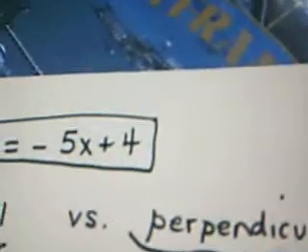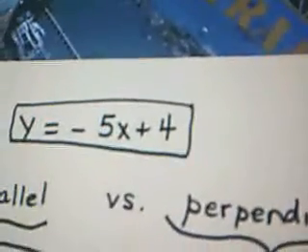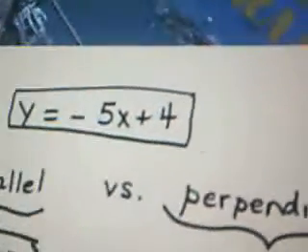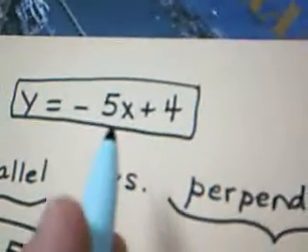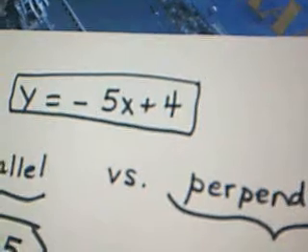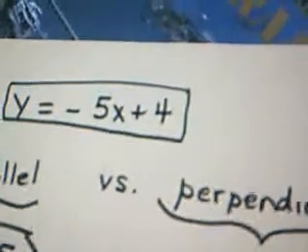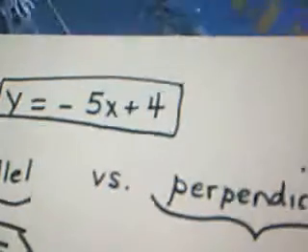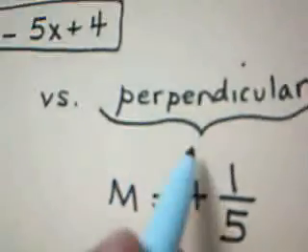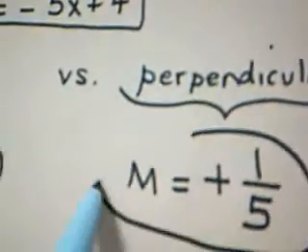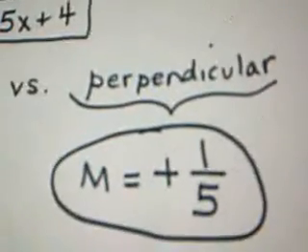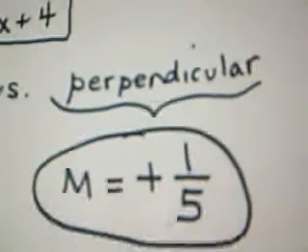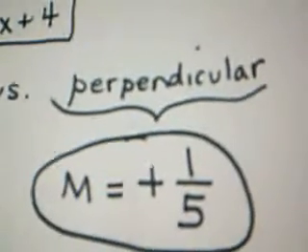If I want to find its opposite reciprocal, that means that instead of it being negative, it would be positive. And to take the reciprocal of 5, we would write 1/5. We flip top and bottom. So the correct answer to what the slope of a line perpendicular to this one would be is positive 1/5. You don't have to write the positive sign. I'm just showing you that for emphasis.